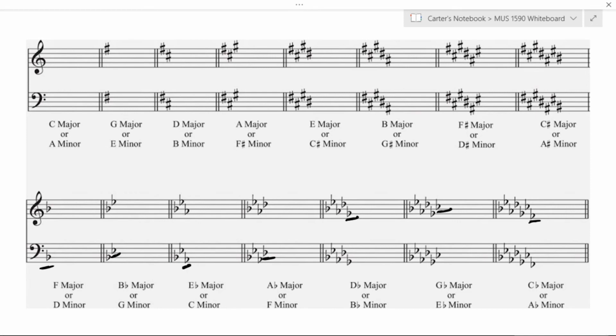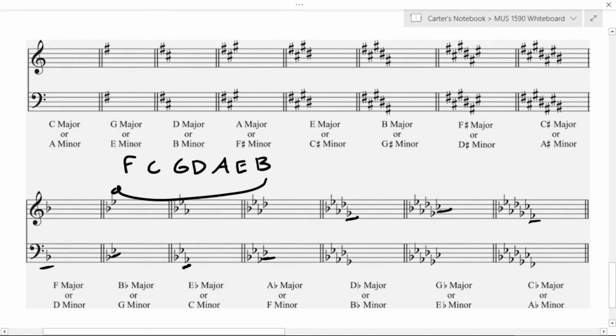But one thing you might also notice is that they are in the reverse order of the sharps. So if the order of the sharps is this "fat cats gulp down almost every bite," we know that the order of flats is simply that in reverse: B, E, A, D, G, C, and F. Whether or not you use a mnemonic device for the order of flats is entirely up to you, and I'm sure you could come up with any number of phrases or quickly find some online if you are so interested.